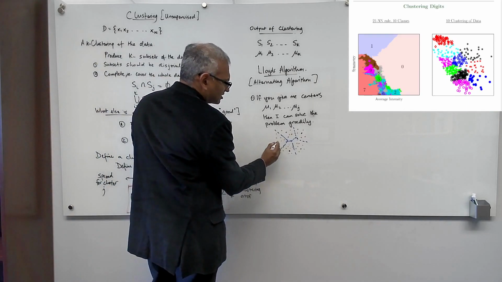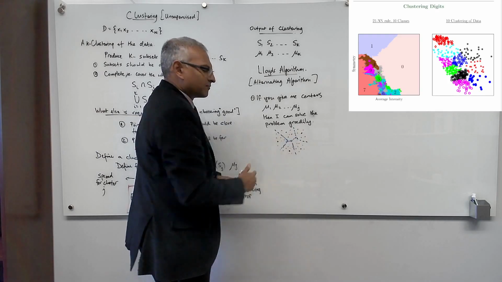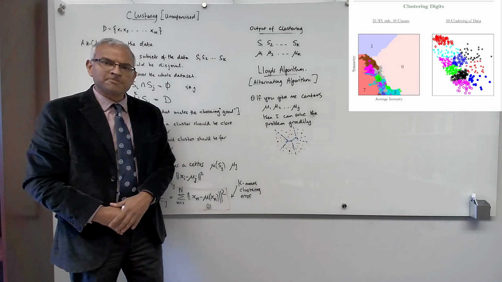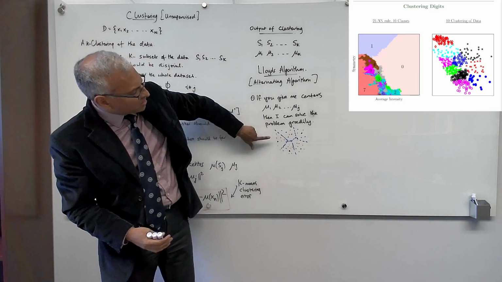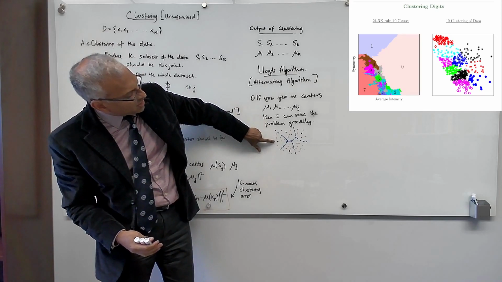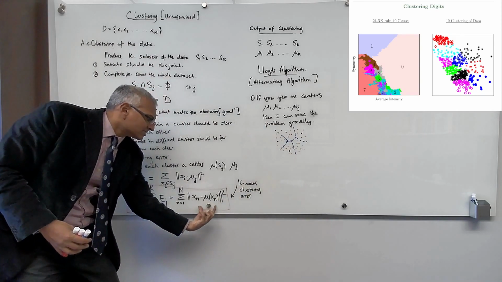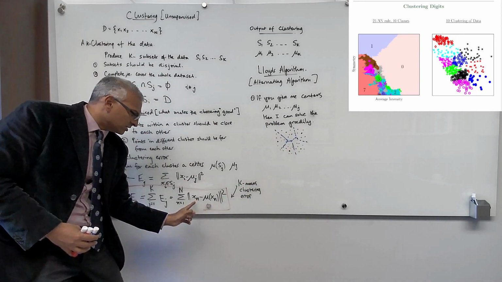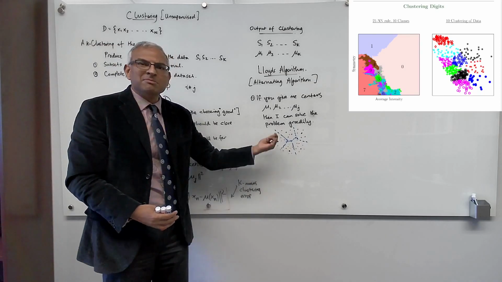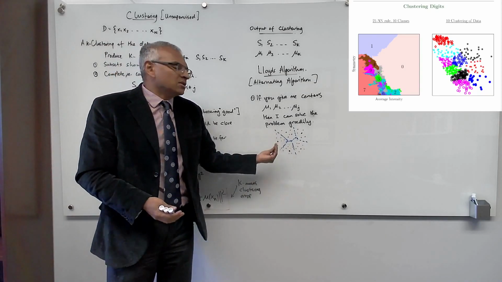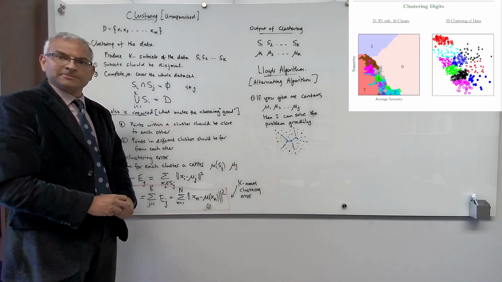So if these are the centers in black, then the clusters are defined exactly by the points that lie in each Voronoi region. It's easy to see that that's optimal because, by definition, the distance from this data point to this center is closer than its distance to any of the other centers. So it's going to minimize the distance from the data point to its corresponding center. Each data point can be minimized greedily, and if you can do that greedily for each data point, that's optimal. Very easy.